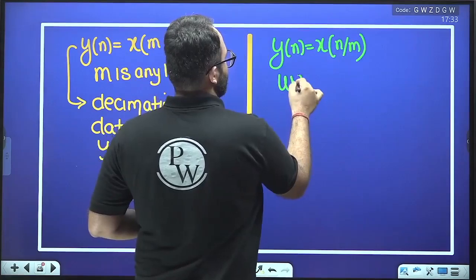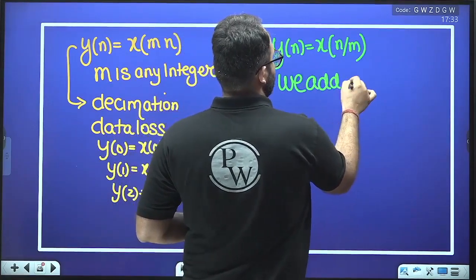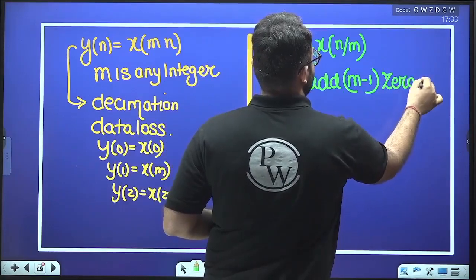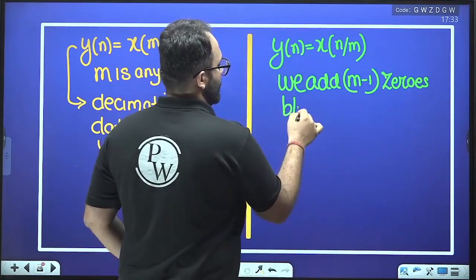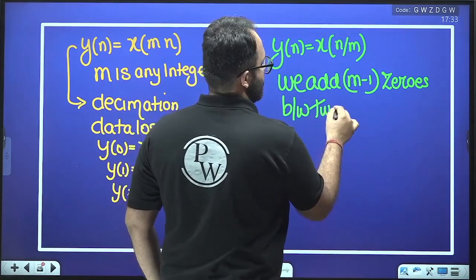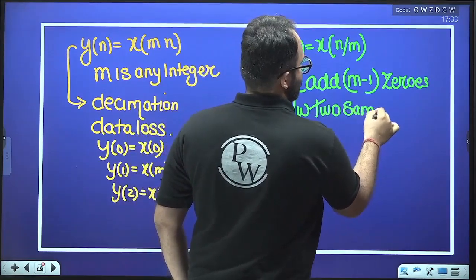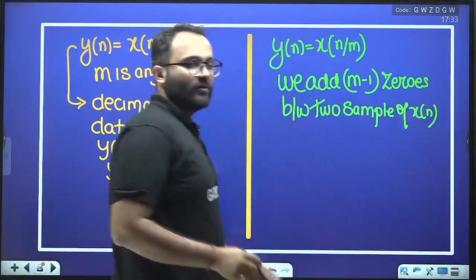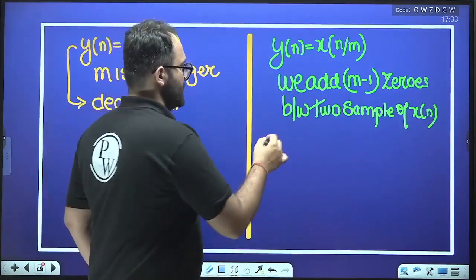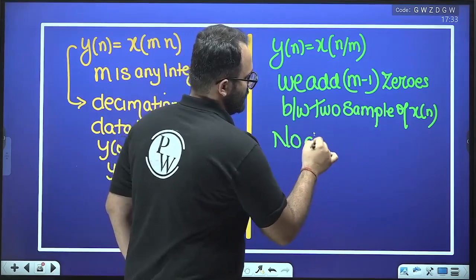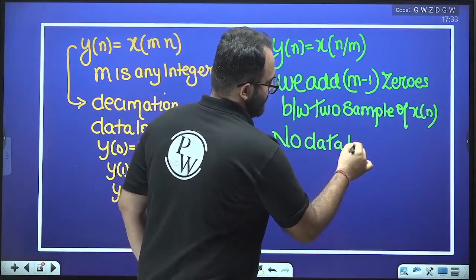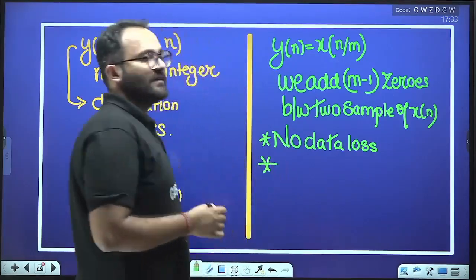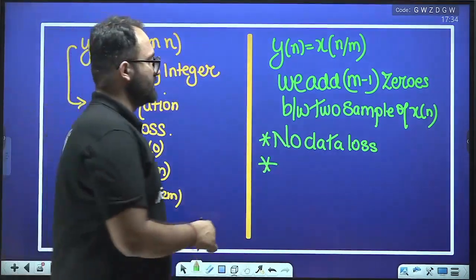So we add m minus 1 zeros between two samples of xn. There is no data loss, and this process is called interpolation.